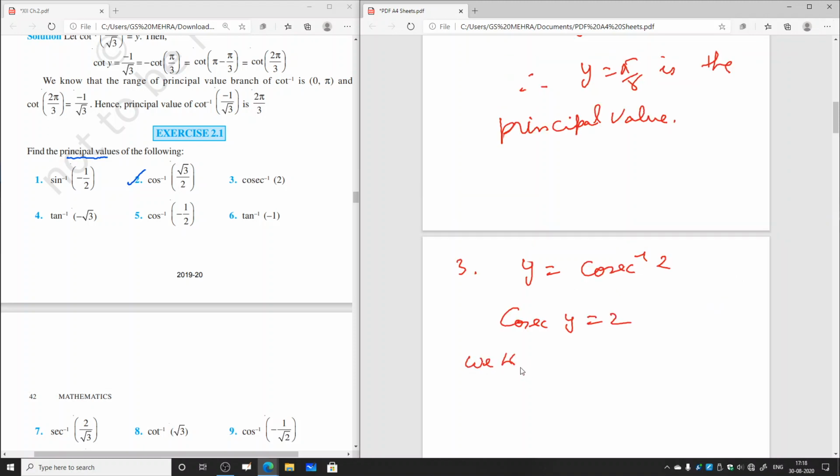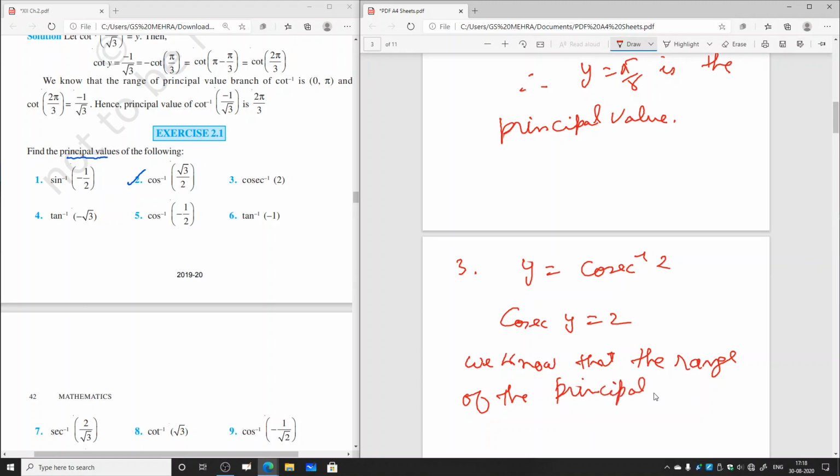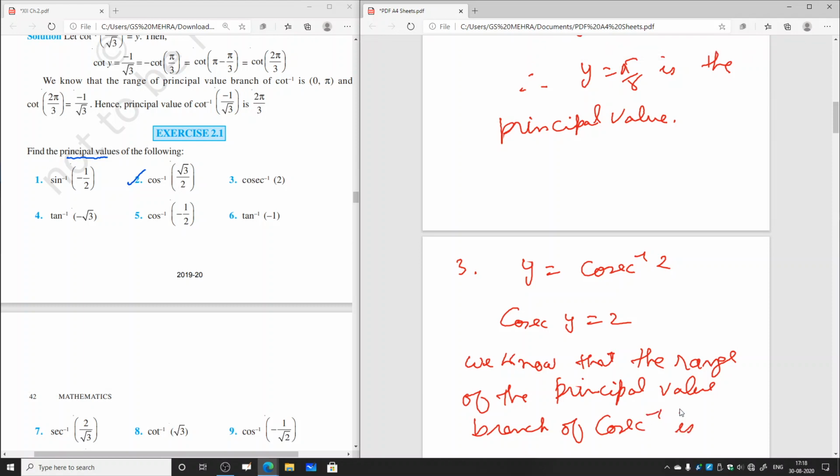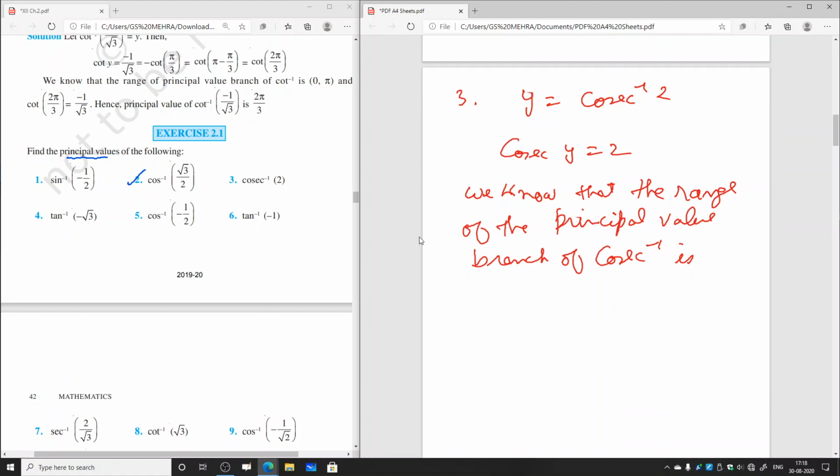We know that the range of the principal value branch of cosec inverse is the closed interval minus pi by 2 to pi by 2, excluding 0, that is, the closed interval minus pi by 2 to the open interval 0, union the open interval 0 to the closed interval pi by 2.